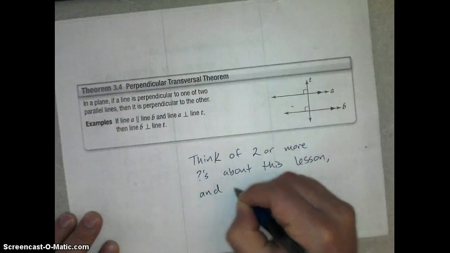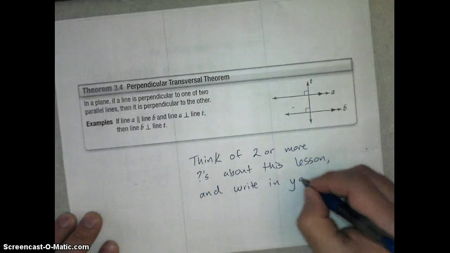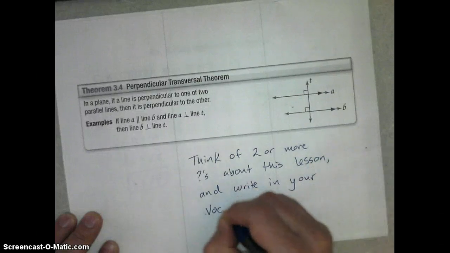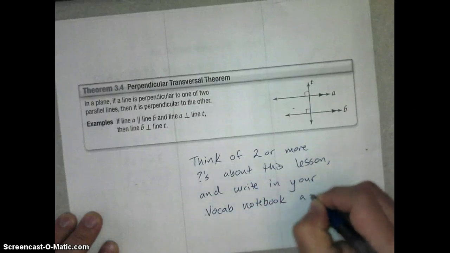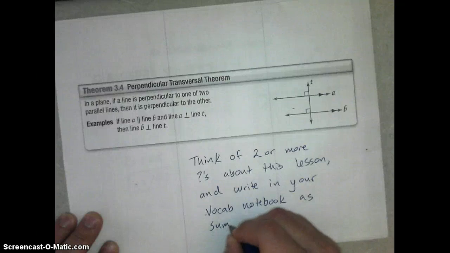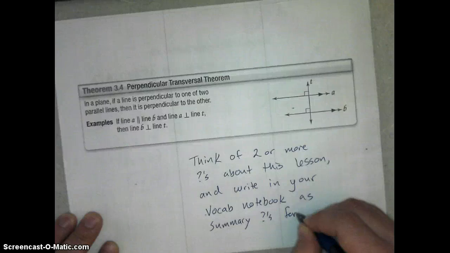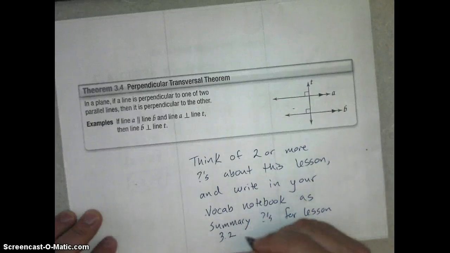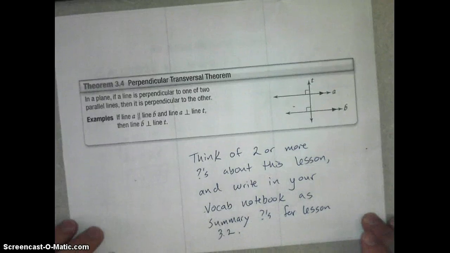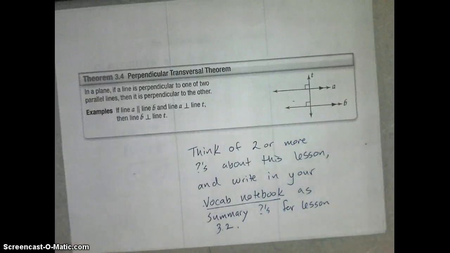And then I want you to write those in your vocab notebook as your summary questions for lesson 3.2. And we will use these questions in class, but I do want you to have those written down in your summary section for summary questions in your vocab notebook. Again, 2 or more questions that we can discuss in class.